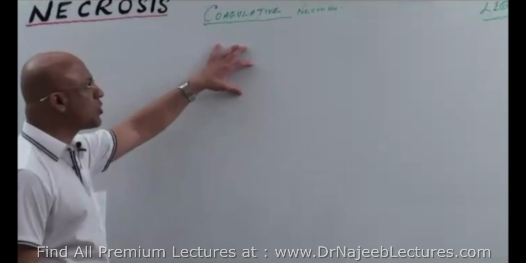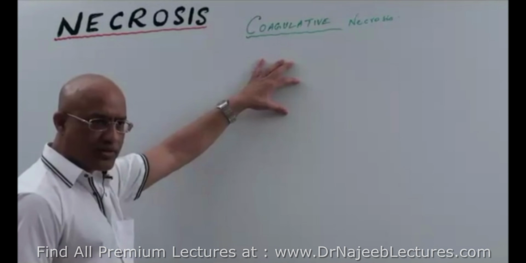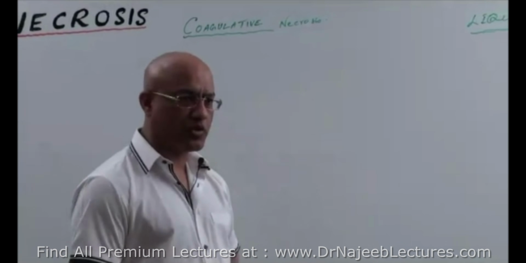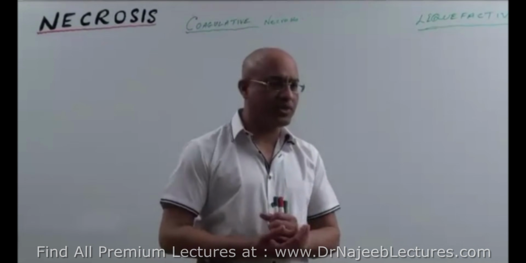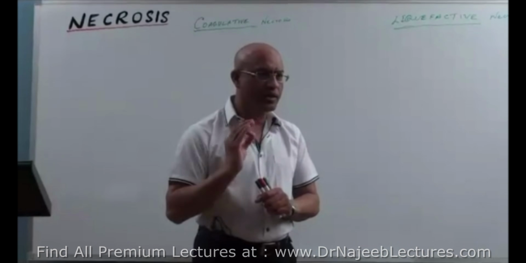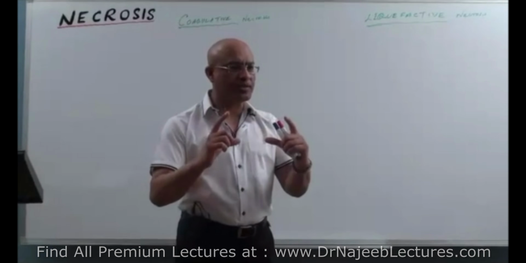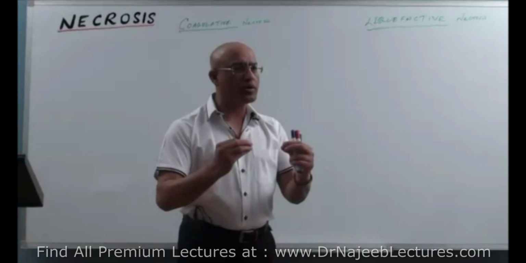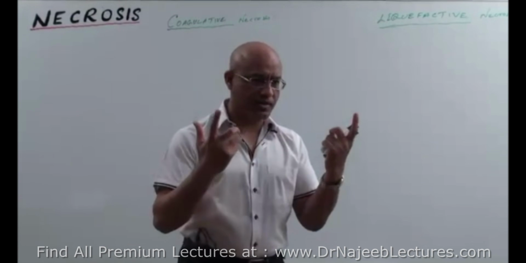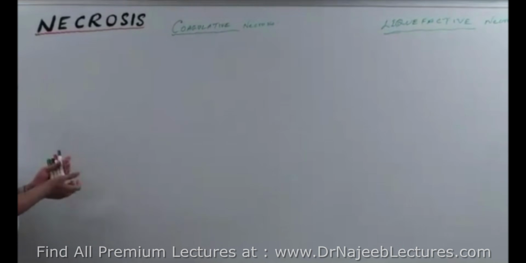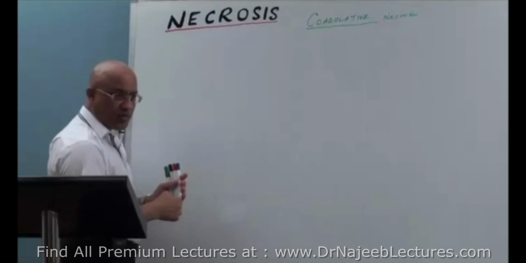First, a few words about coagulative necrosis. Now, what is coagulative necrosis? Coagulative necrosis is a type of necrosis in which a group of cells, when they are lethally injured, have their structural and functional proteins undergo denaturation simultaneously. How? The classical example of this is again myocardial infarction, right?